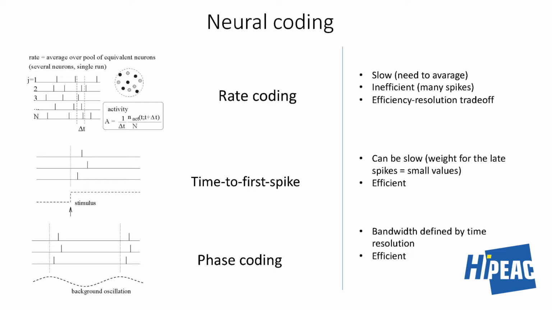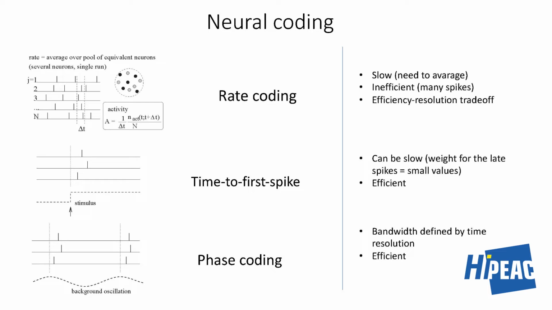This one can also be slow, because I still have to wait for a very small value, because the small value will arrive, who knows when. So if I need a very fast reaction, like that frog catching flies, or in a drone that needs to be controlled, then it might still be a bit slow.